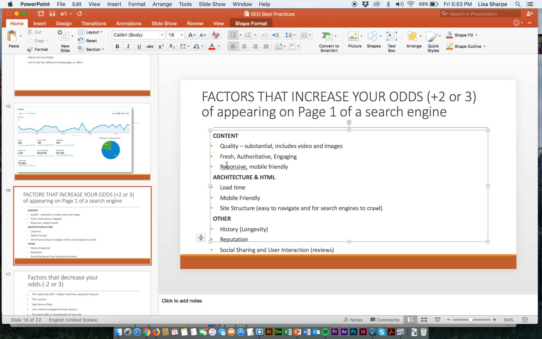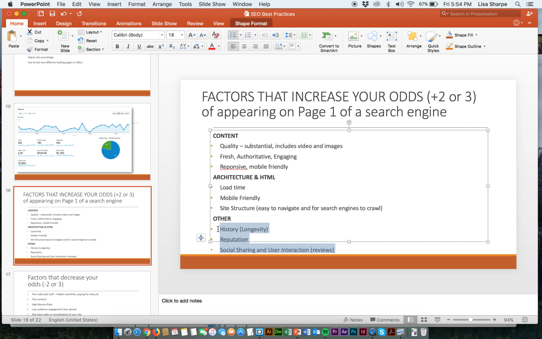Okay, so in addition to content, if we combine that with the site's architecture, it loads quickly, it's mobile friendly, we have our site structured exactly like I talked about in the early part of this PowerPoint. Again, that's increasing our odds of ranking on page 1. And then some of the things that are off page. The longevity, well, this is not off page, but it's out of our control. The history or the longevity of the site.